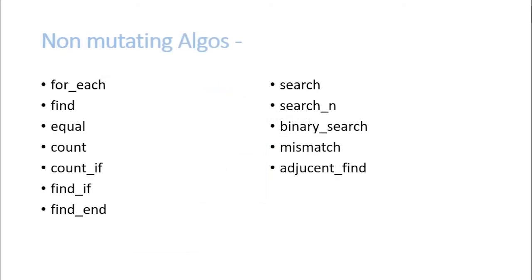So the first thing that we are going to understand are non-mutating algorithms. Non-mutating algorithm means that it's not going to hamper or alter the data that are present in the container. Such an algorithm is for each. For each is perhaps the most used algorithm by programmers from STL.